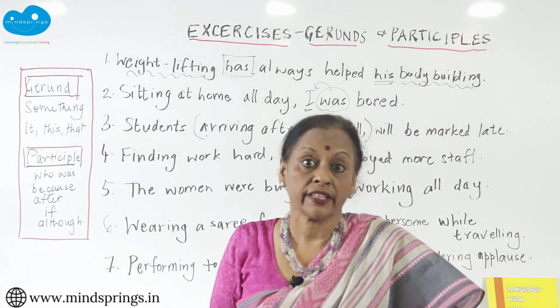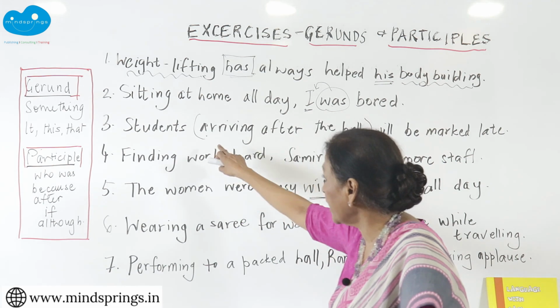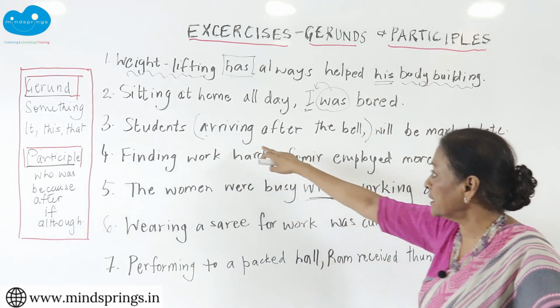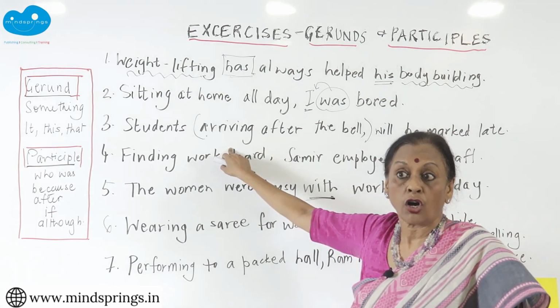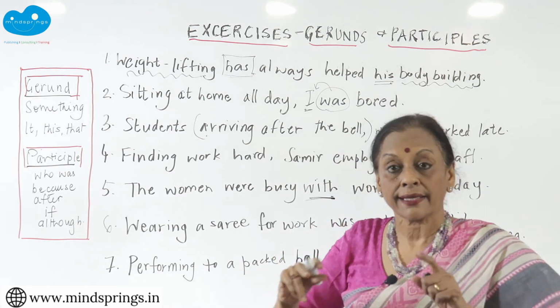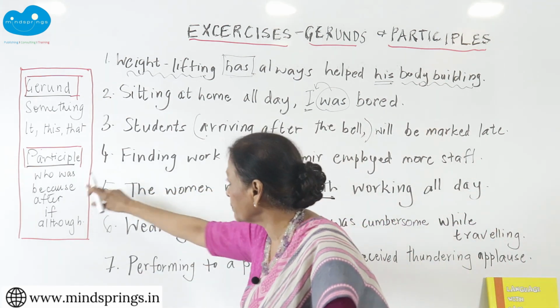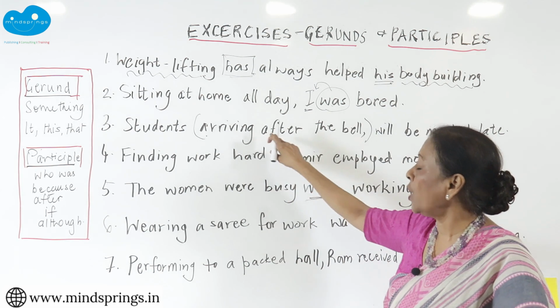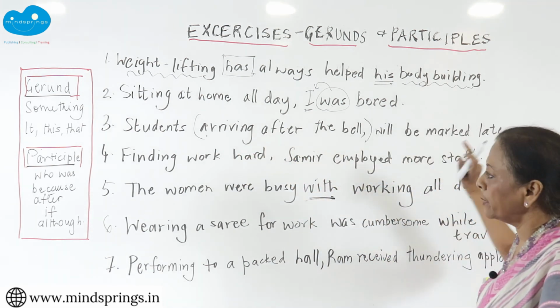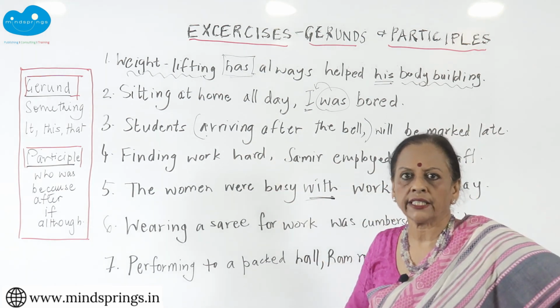So, there is no sentence there, it is only a phrase, arriving after the bell. So, what is it? Is it a gerund or a participle? A lot of people get confused when these things come in the middle. As I said, put this rule: students who arrive. You can't say "who arriving." "Who arrive after the bell will be marked late," it is a participle, very easy.